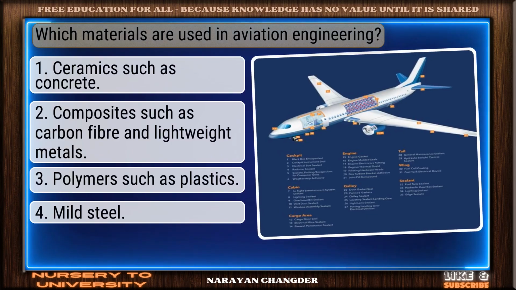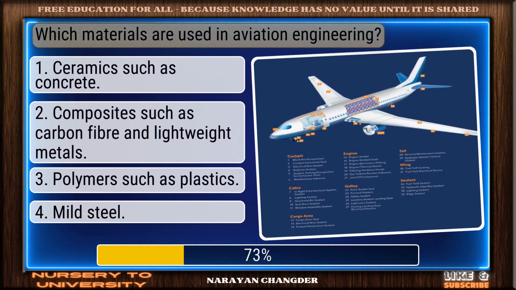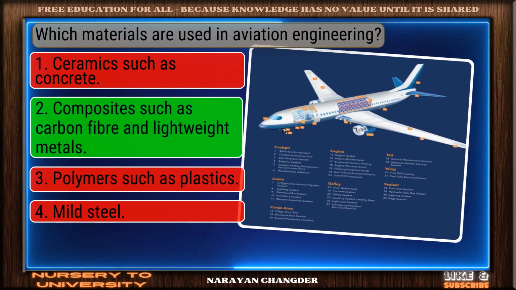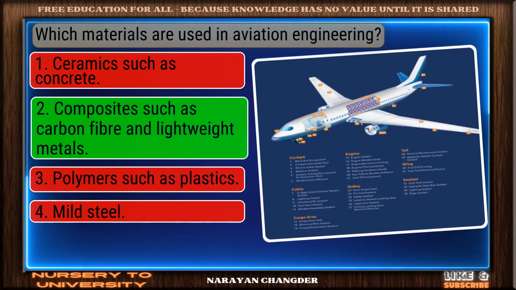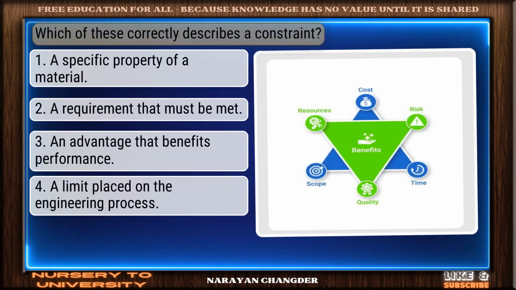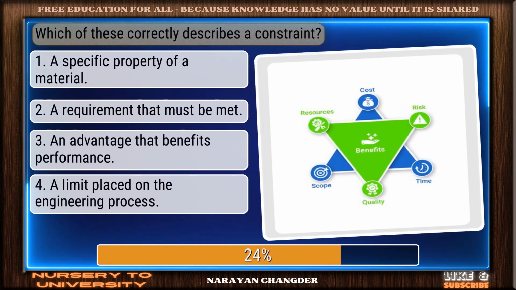Which materials are used in aviation engineering? Exactly. Composites such as carbon fiber and lightweight metals make sense, and it is the right choice. Which of these correctly describes a constraint?